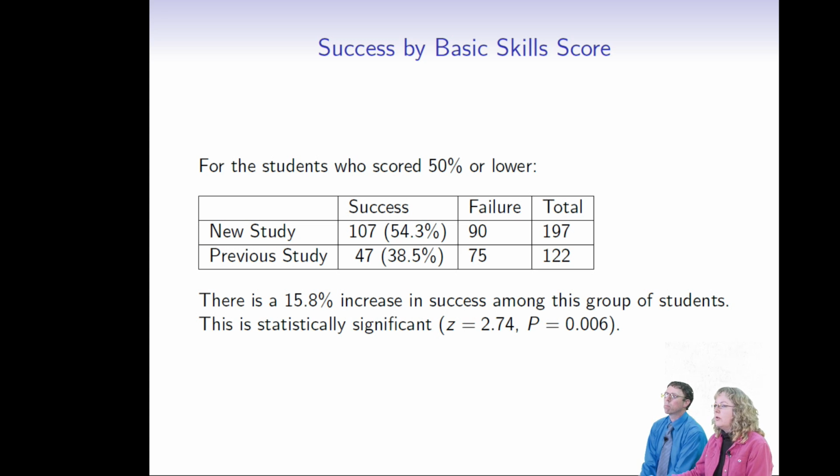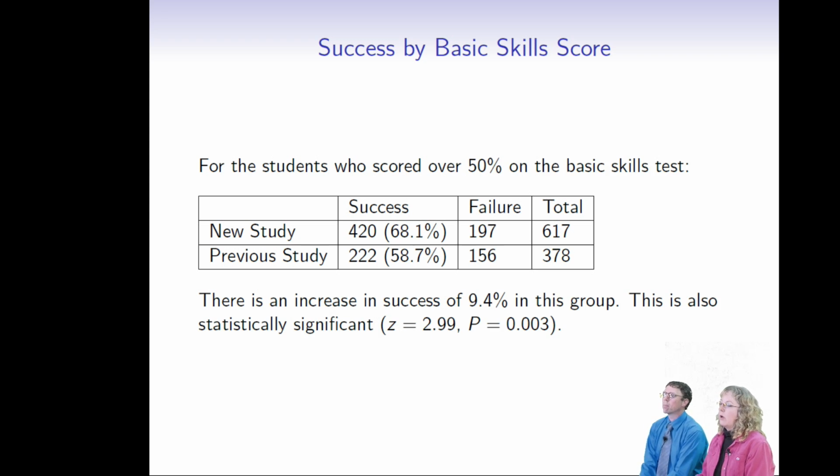If you look at the students who come in who score over 50%, we saw that their success rate also increased. So remember, the overall success rate increased by what percent was that? About 11%? Yeah, and so this group that scored over 50% had an increase of about 9.4%.